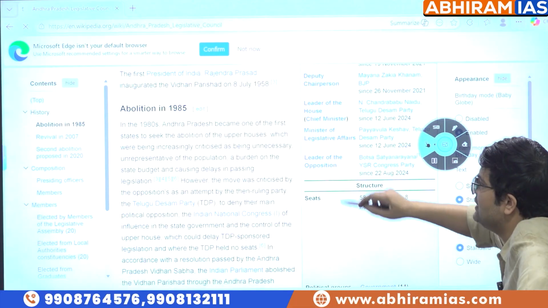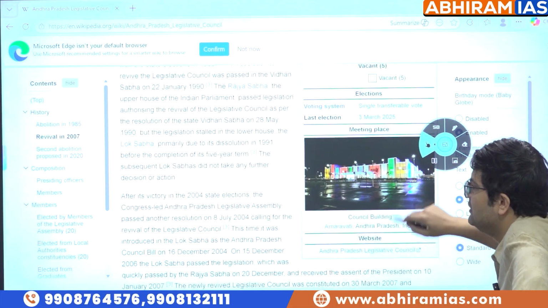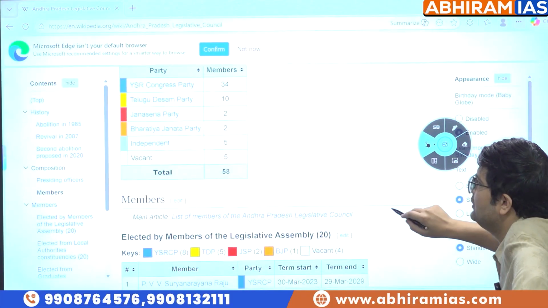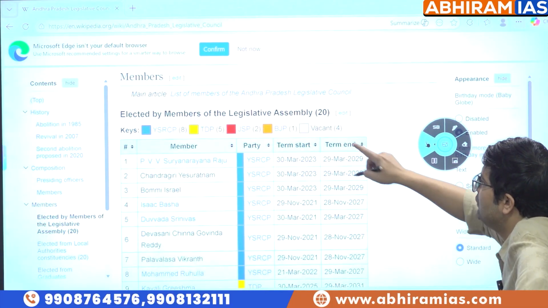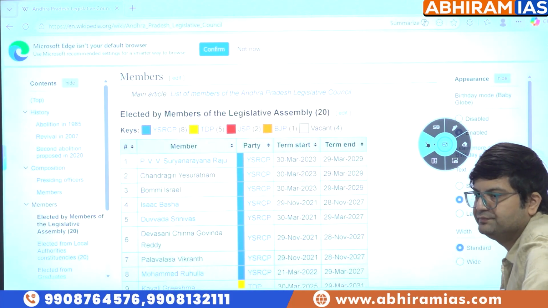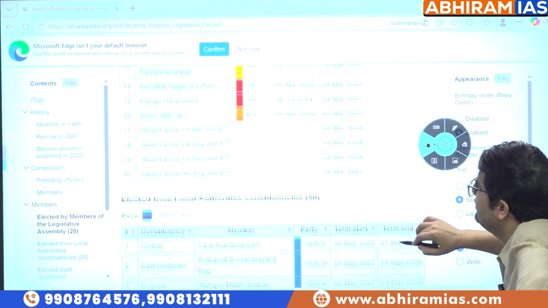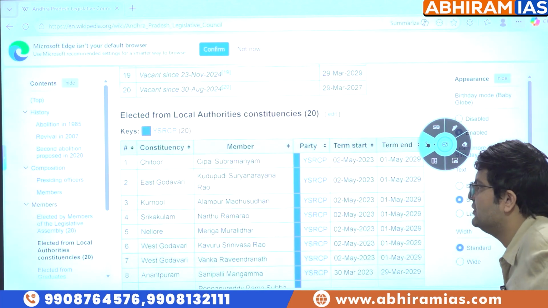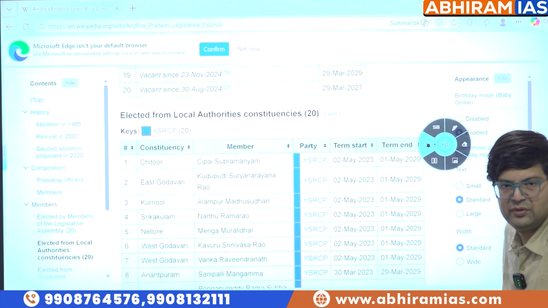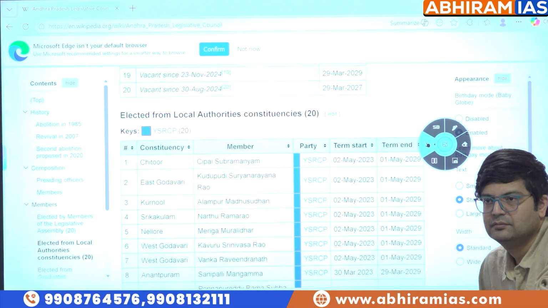See, abolition in 1985, revival in 2000. Again in 2020, they were planning to abolish. Forget all that. Voted by MLAs, 20 seats. See, only party, no constituency. A lot of them are vacant. But for local authorities, what happens? Your entire state is divided into 20 different constituencies, and all the local members vote, and then they choose these people. Is it clear?